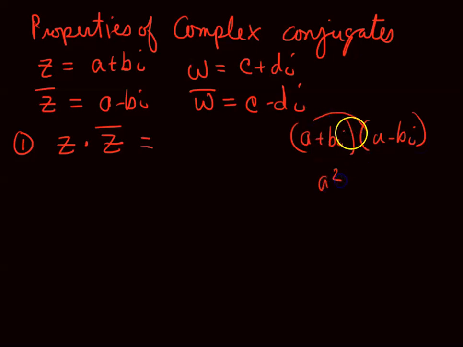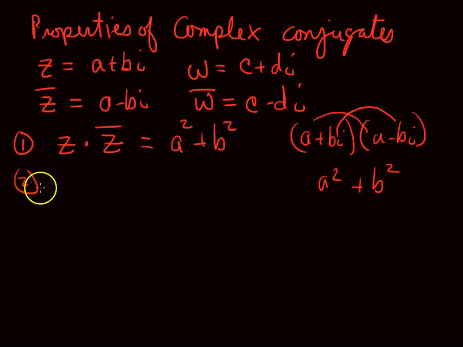There's a squared. That's a negative b squared i squared, so it's a positive b squared. All of a sudden, you can factor the sum of two squares. But remember, these others, abi, negative abi, cancel. So this is a squared plus b squared.